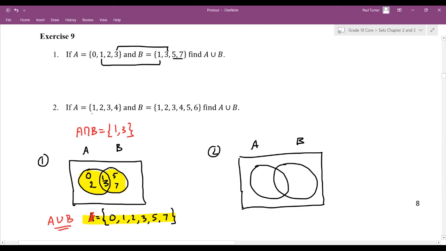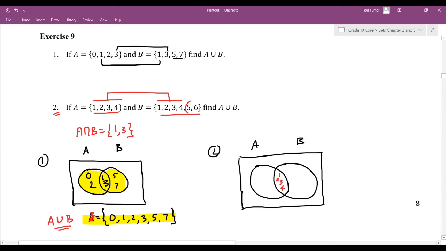Okay, so for question 2, we've got 1, 2, 3, and 4. 1, 2, 3, 4, 5, 6. Actually, I want to change my diagram. Well, let's do it like this, but we'll change the diagram in a minute. You got 1, 2, 3, 4, and 1, 2, 3, 4 is here. Right? So actually, they're all in the middle. There's nothing in A only.